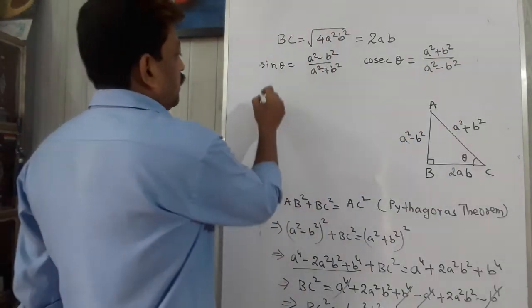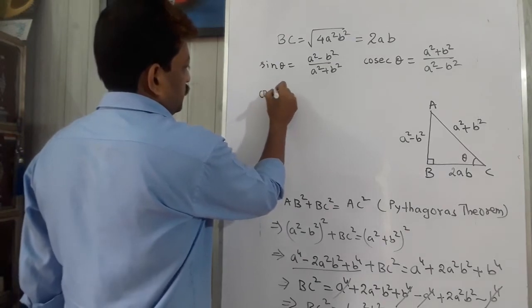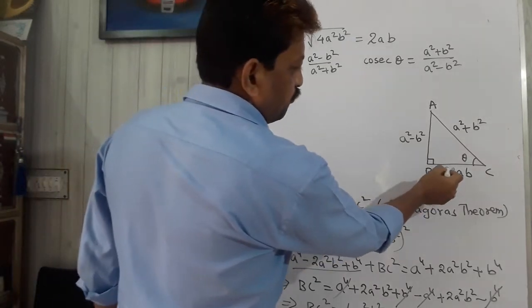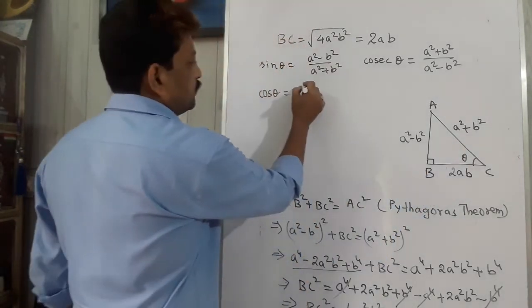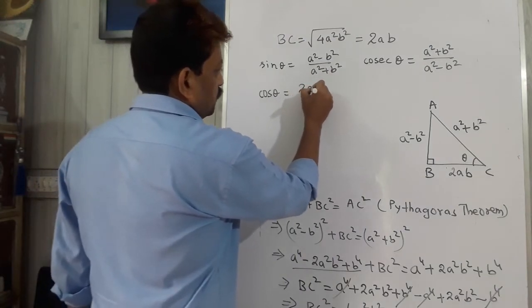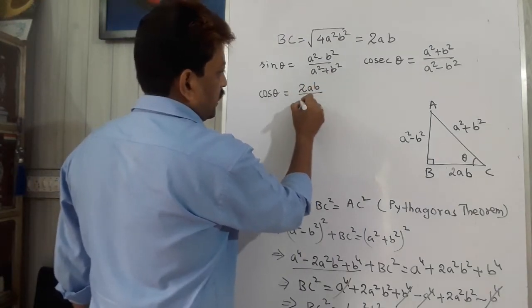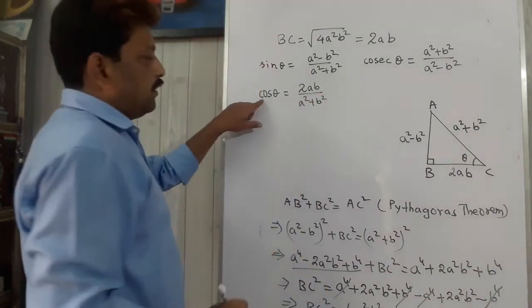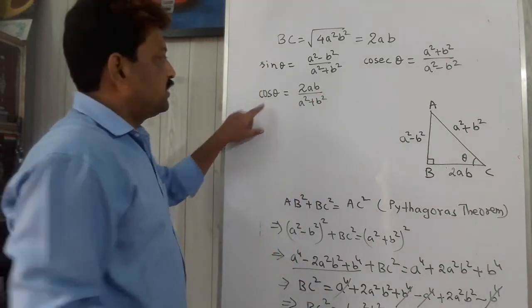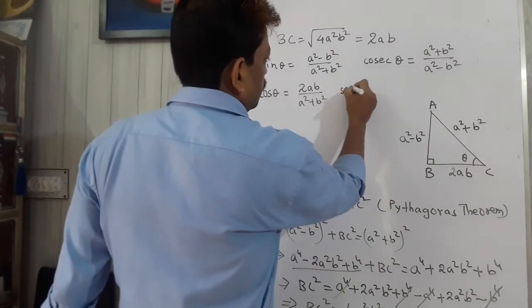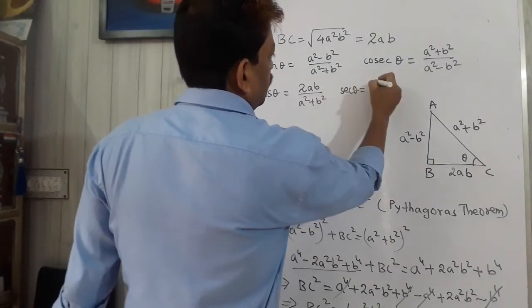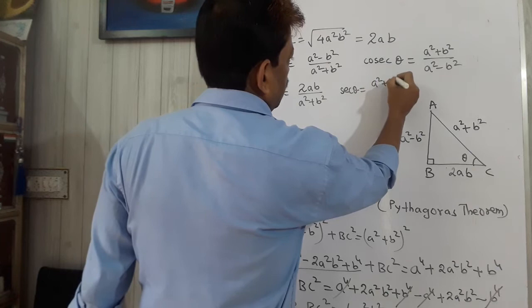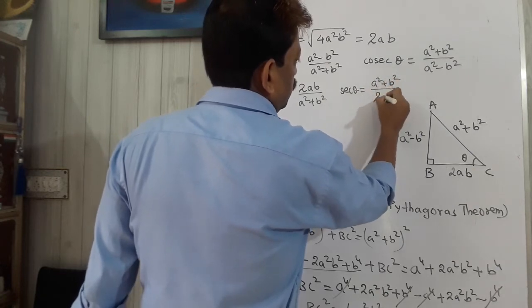Okay. Now cos theta. Cos theta is base upon hypotenuse. So it is 2AB by A square plus B square. And reciprocal of cos theta is sec theta. So sec theta will be A square plus B square upon 2AB.